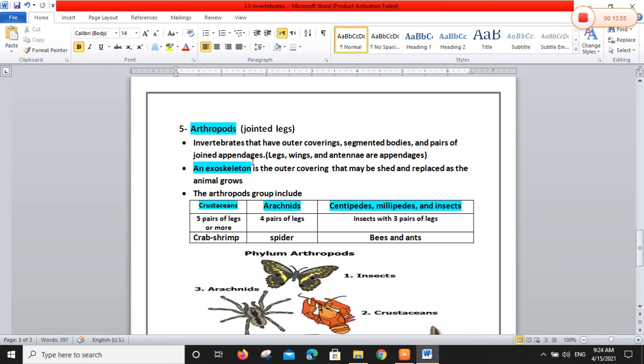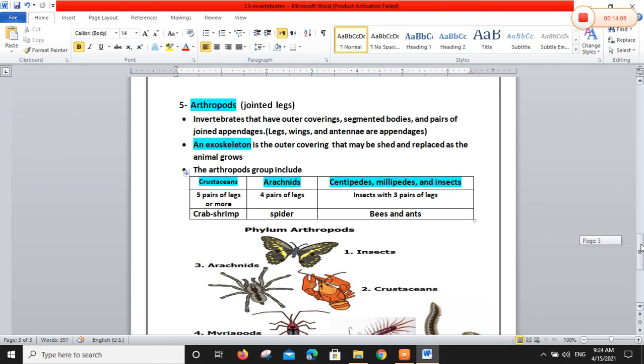Look at arachnoids, spider. Don't forget spider. Look at the spider that belongs to arachnoid, with four pairs of legs. Don't forget, four pairs: 1, 2, 3, 4.